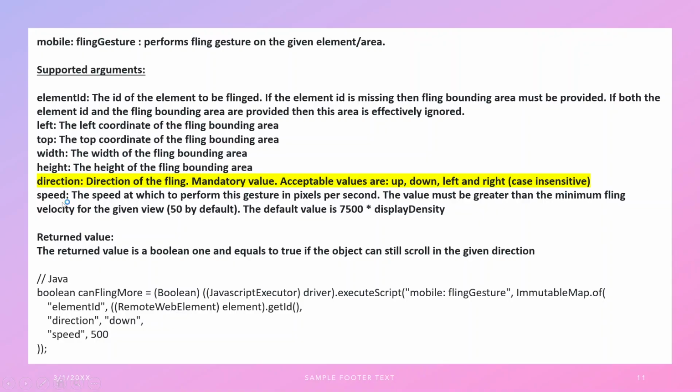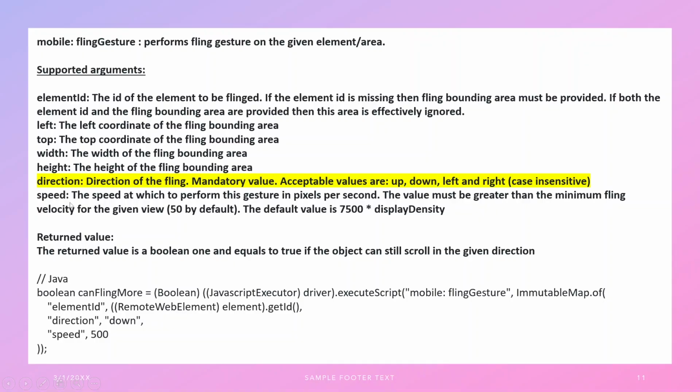The next argument is speed, the speed at which to perform this gesture in pixels per second. The value must be greater than the minimum fling velocity of the given view. The default value is 7500 times displayDensity. So this is all about the speed argument.